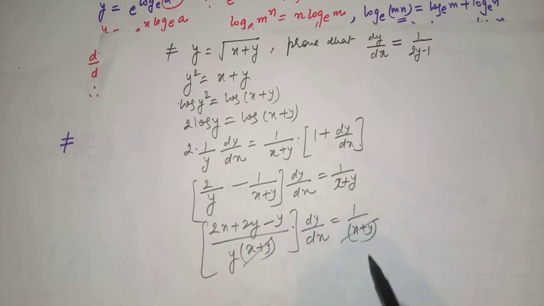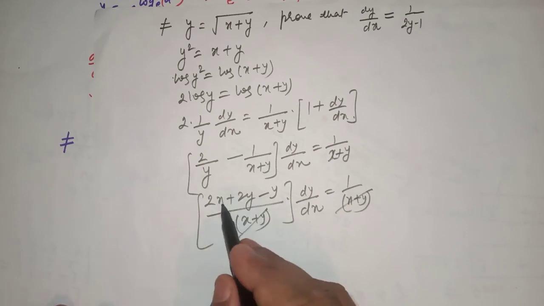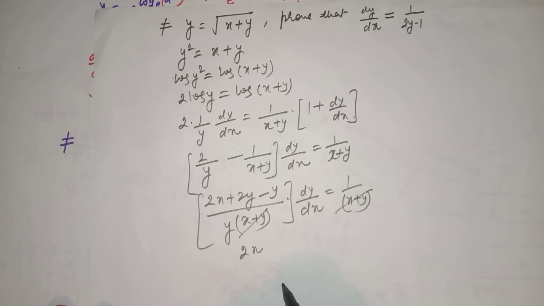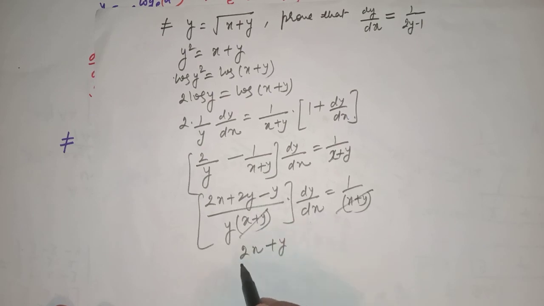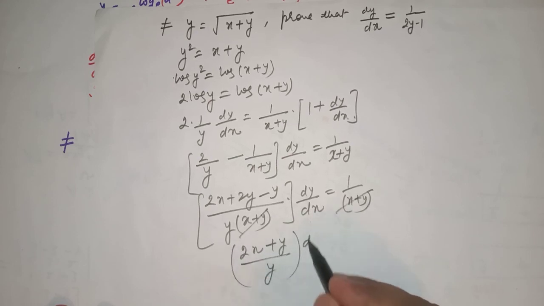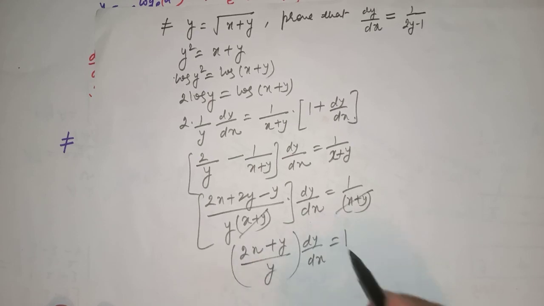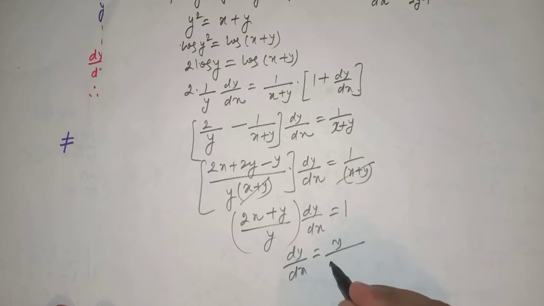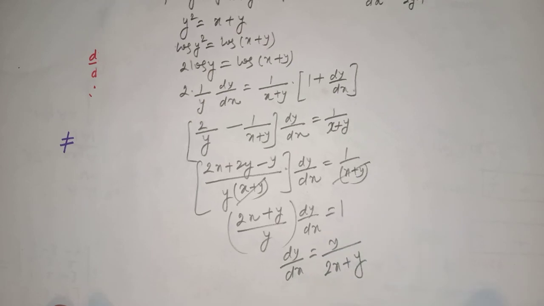So here this and this get cancelled. Here we'll have 2x, and 2y minus y is y, so this is 2x plus y, and dy over dx is equal to 1 over y. Now we'll take it as dy over dx is equal to y over 2x plus y. Clear?